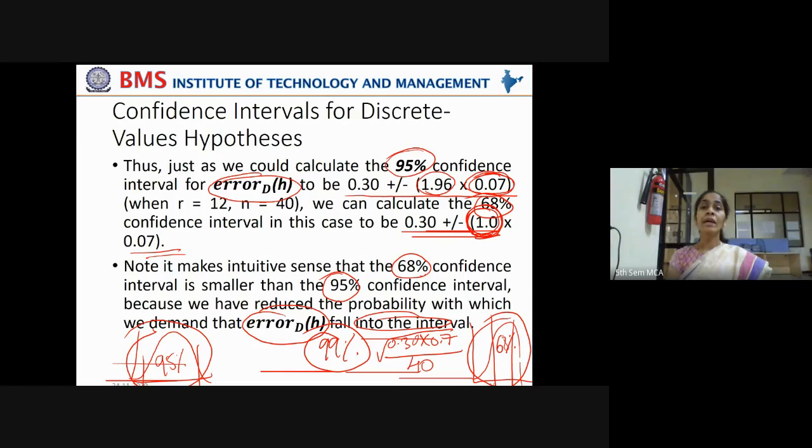Got it? That good should be the accuracy of your machine learning model. You should have confidence that 99.99% of the time my model will perform well with the unseen data also, so that its true error and the sample error which I tested are the same. Okay, that is the importance of confidence interval.